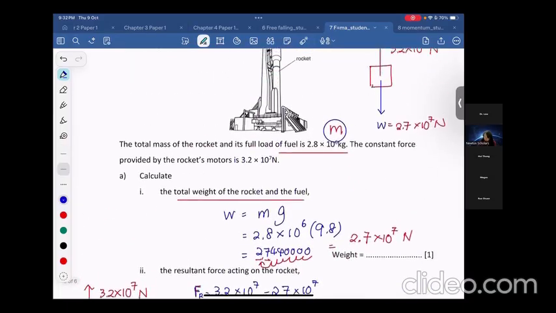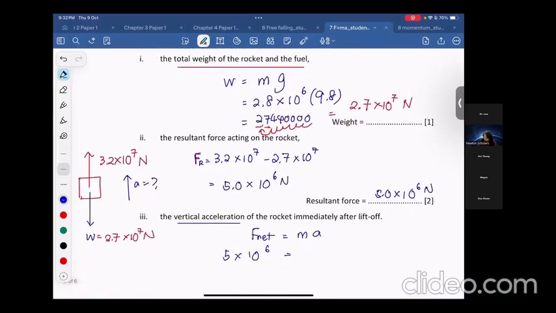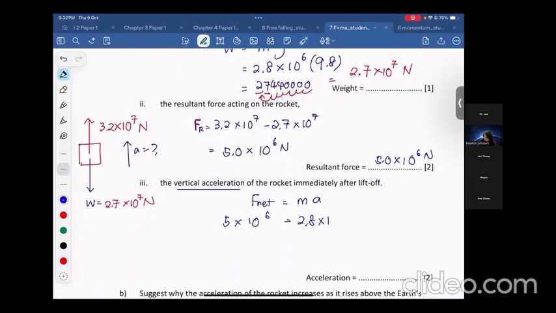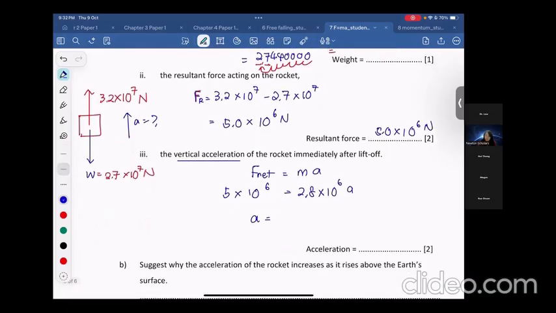The mass for the whole rocket is 2.8 times 10 power of 6. Calculate your a. Press your calculator. If you press it correctly, we will have the answer 1.8 meter per second square.